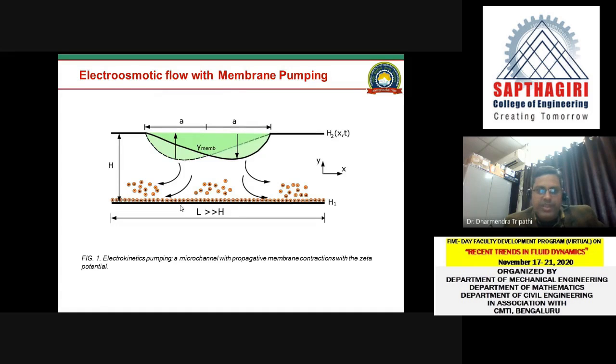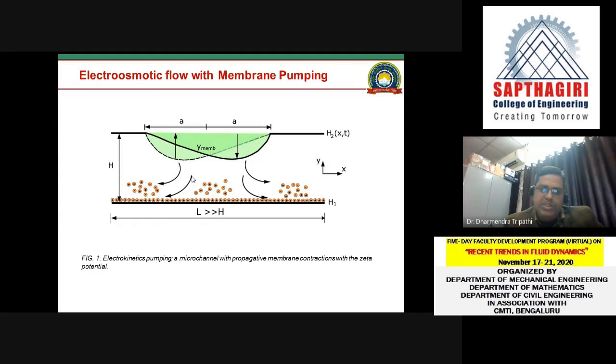We considered the lower surface to be negatively charged, and the liquid in this channel is an electrolyte solution, and for the upper surface we have fixed the membrane. How the membrane will work, how it will push the fluid, and what the effect of electric forces will be, everything we have considered in this.